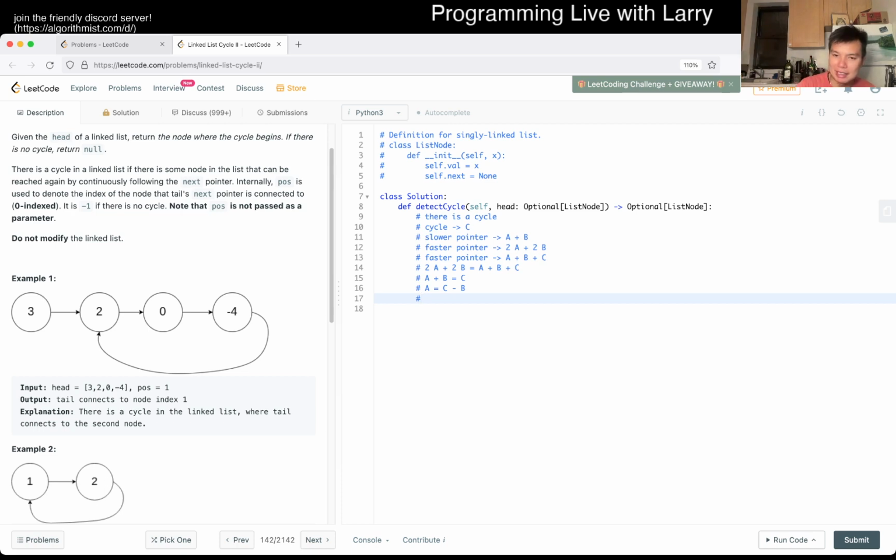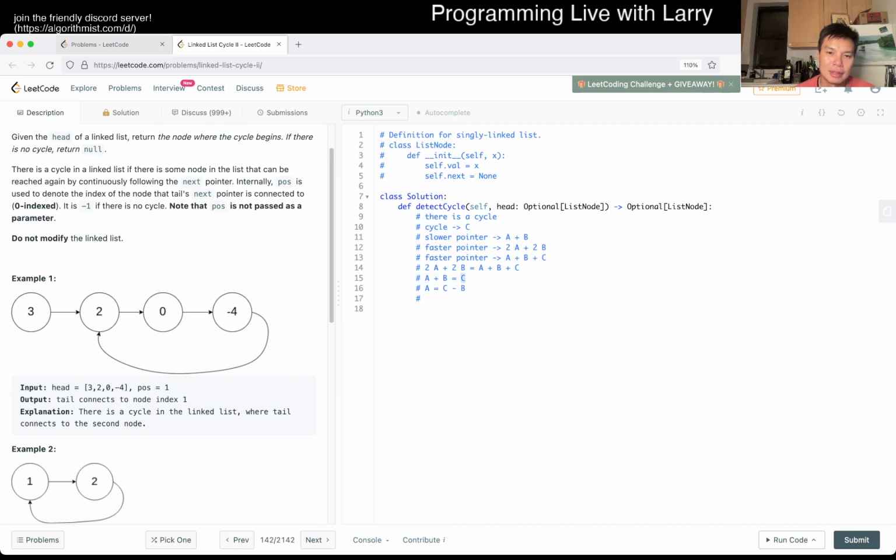But can I represent this in terms of motion? Okay, so we have A. The length that it goes is the length of the cycle, right?